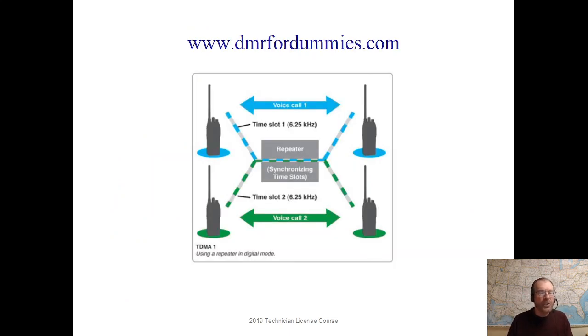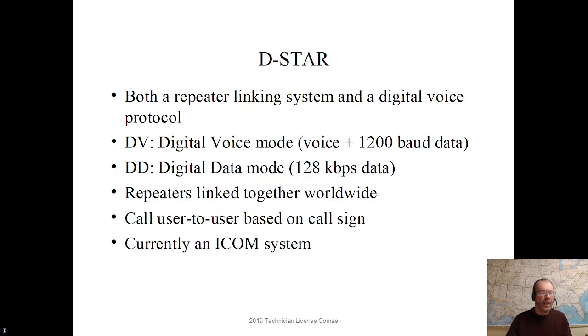DMR for Dummies is available, and you can take a look at that. It explains the different time slots and how it works. I don't know if there are going to be any questions about DMR, but it's good to know that it's out there for you. And you can get fairly inexpensive radios to run DMR.